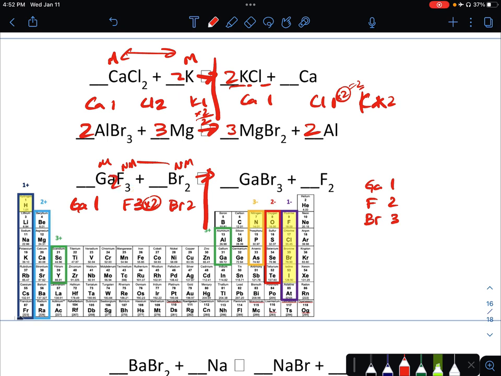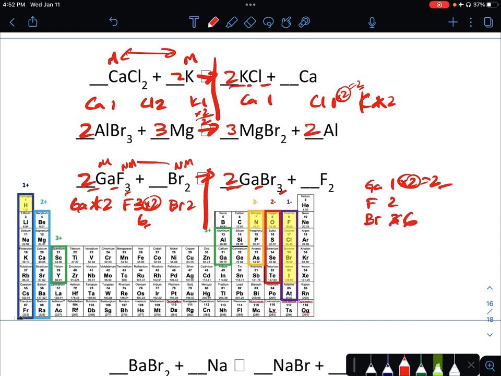Want to put it there, can't. So it's got to go there. That gives me 6. So 2 times 3 is 6. Now 2 times 1 gives me my 2. Uh-oh, the Ga's are messed up over here. Times 2 gives me 2. Put that in front. 2 times 1 gives me my 2. But also 2 times my 3 gives me my Br of 6.